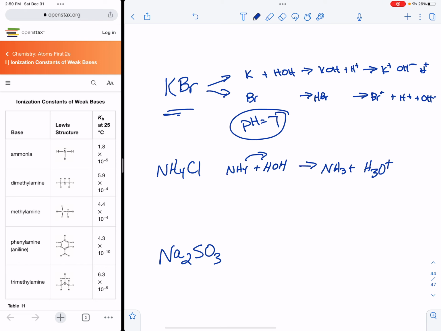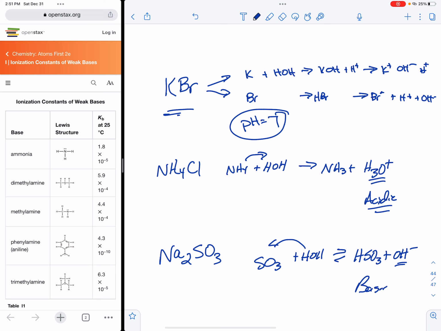H3O plus, because it's giving the water an H. This should have an acidic pH. Make sure when you actually do the math, it comes out acidic. And this is the reverse one, so this is going to be basic. It's taking an H. So you're going to end up with HSO3 and OH minus. Make sure that your pH, when you do this, actually ends up basic. Those are my little tips on that.